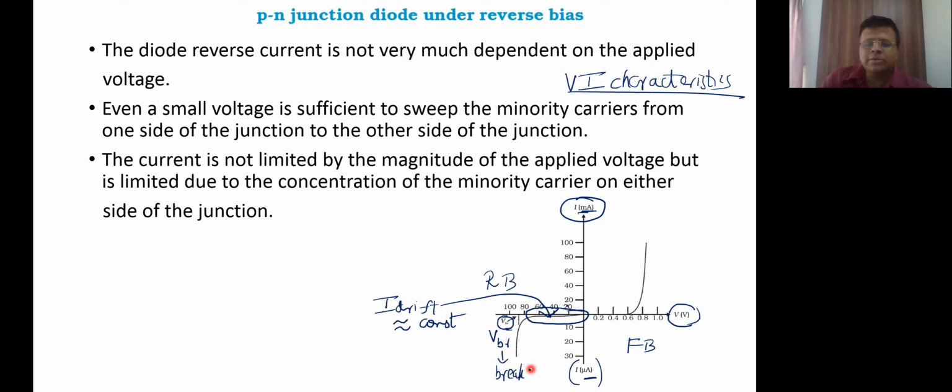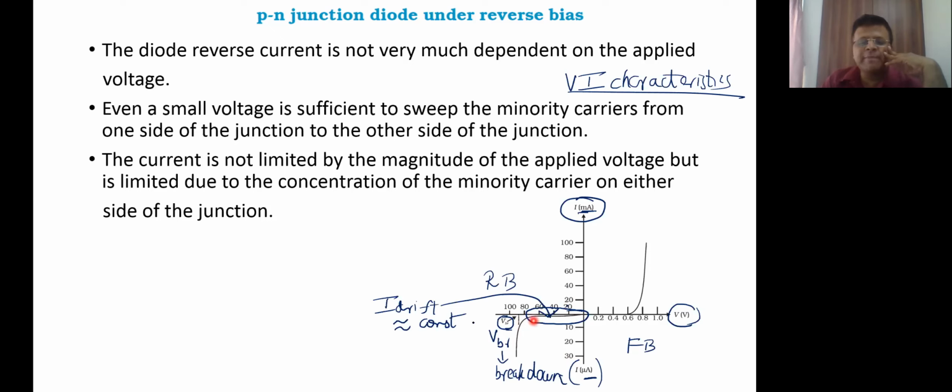So there is a certain voltage in the reverse direction which could be applied to the PN junction, where suddenly we observe a very large current which starts flowing. And the reverse bias voltage at which that happens is called the reverse breakdown voltage. Why this breakdown happens, we will discuss in brief later today. But first, let's make some observations.